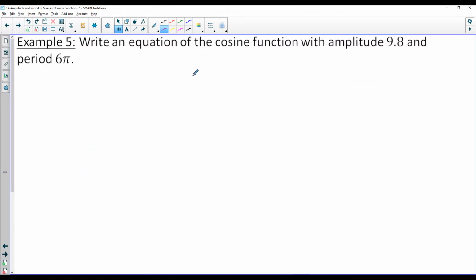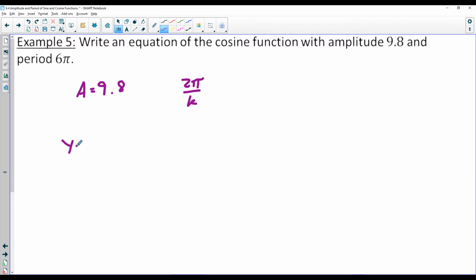Last one here, write an equation of the cosine function with amplitude 9.8 and period 6 pi. So amplitude of 9.8, I'm just going to write a equals 9.8, and our period 2 pi all over k, right?